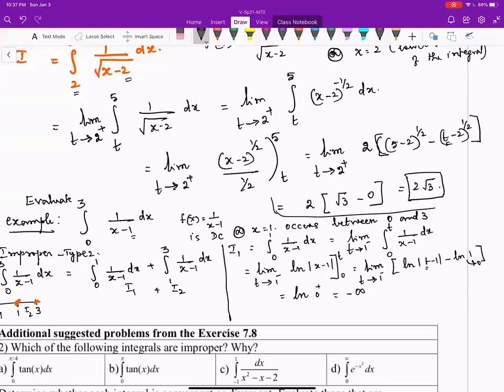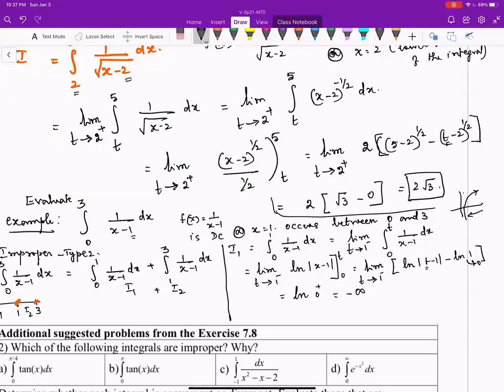Let's say it's 0.99 minus 1, but it's going to be a value very close to 0, so it's 0 plus, but ln of 0 plus is going to be negative infinity. Why? The ln graph is going to look like this. When you allow t to approach 0 from the right side, the ln value is equal to negative infinity.